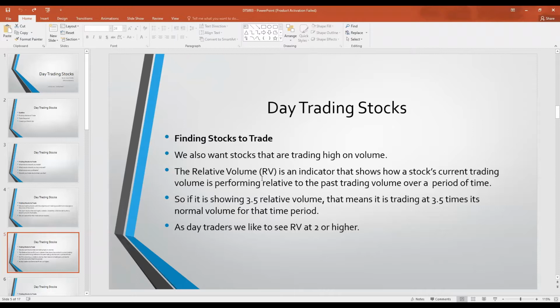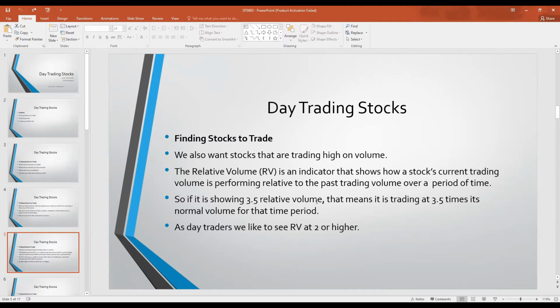The next thing we want to consider when trading stocks is the relative volume. The relative volume is an indicator that shows how a stock's trading volume is performing relative to its past trading volume. So if we see here a relative volume of 3.5, that means that the stock is trading 3.5 times higher than it normally trades.